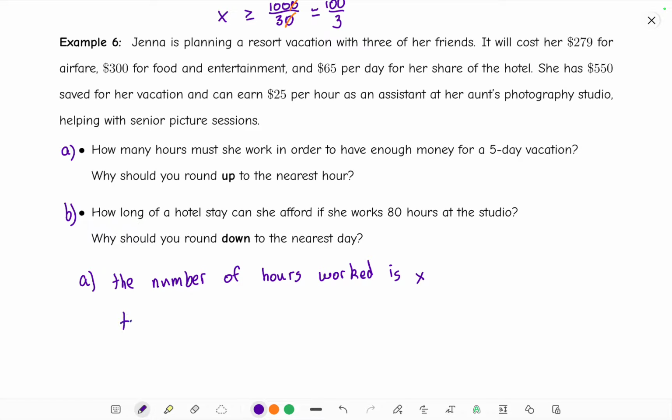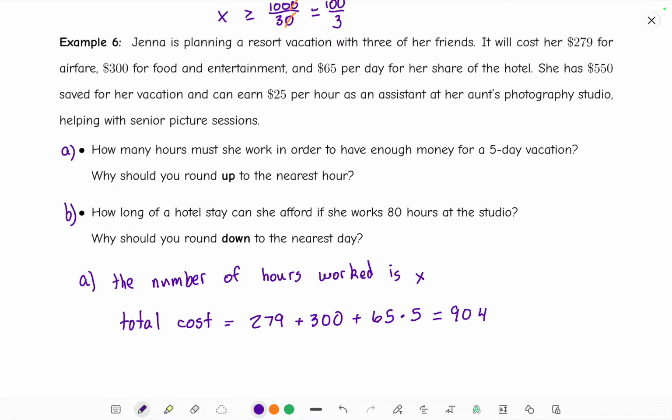Well, so the total cost will equal 279 plus 300 plus 65 times 5. What does that equal? $904.